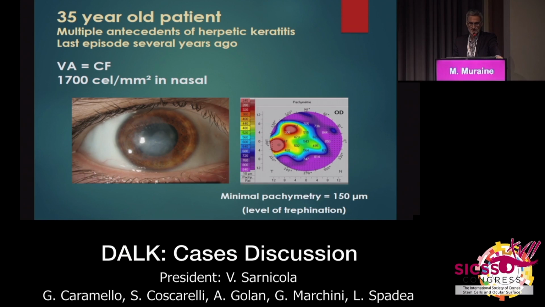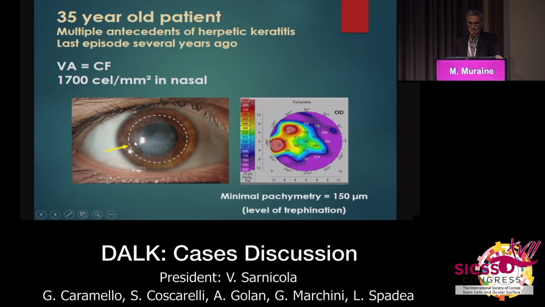However, if you see on the right the pachymetry map, you see that there is a very severe thinning in the temporal part of the cornea, and the minimal pachymetry is 150 microns, and the cornea is really thin at the level of the trephination because you are supposed to trephine at around 8 millimeters in diameter, okay?